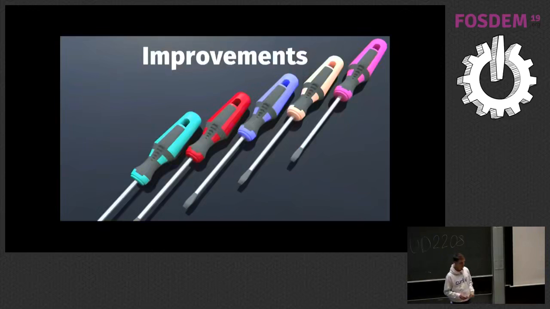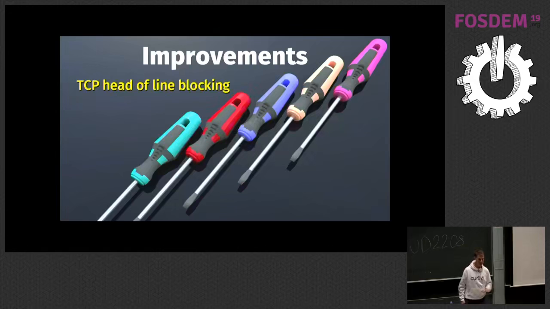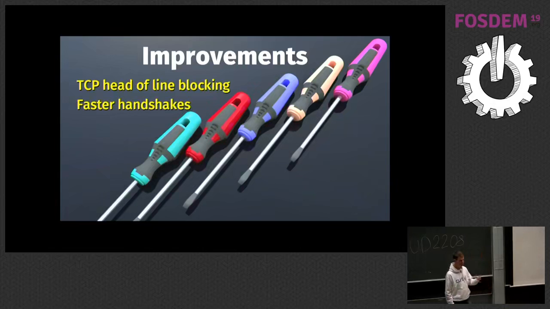In QUIC, a new transport protocol. When you do a new transport protocol, why not fix this TCP head-of-line blocking problem? I'll explain how a little bit in a while. And I mentioned this three-way handshake in TCP with added TLS handshakes on top of that. We can fix that, right? To make sure that we get much better latency. And we can fix, as I mentioned, the TFO problem, sending data earlier in the handshake.